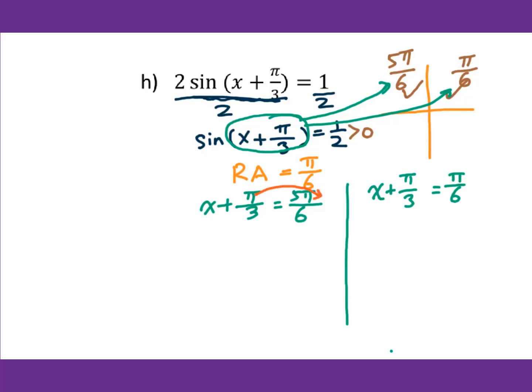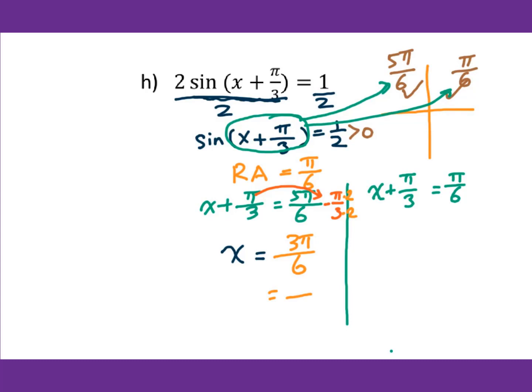Since we're looking for x, we subtract pi over 3. I need to work on the fractions. The denominators are 6 and 3, so I can multiply by 2, top and bottom, so that we get the same denominator of 6. 5 pi minus 2 pi, that's 3 pi.